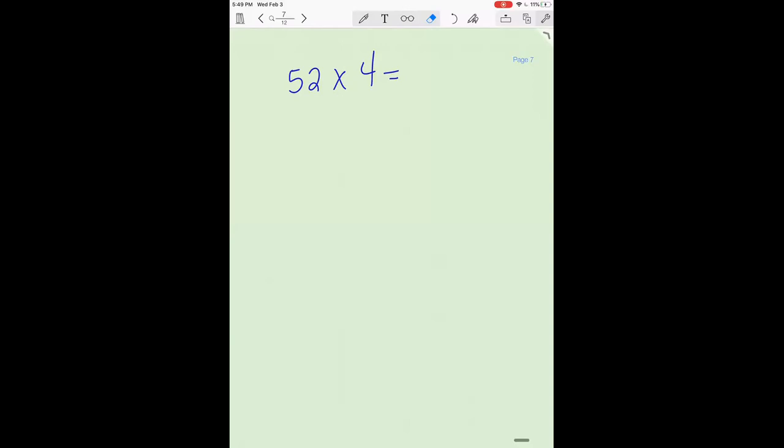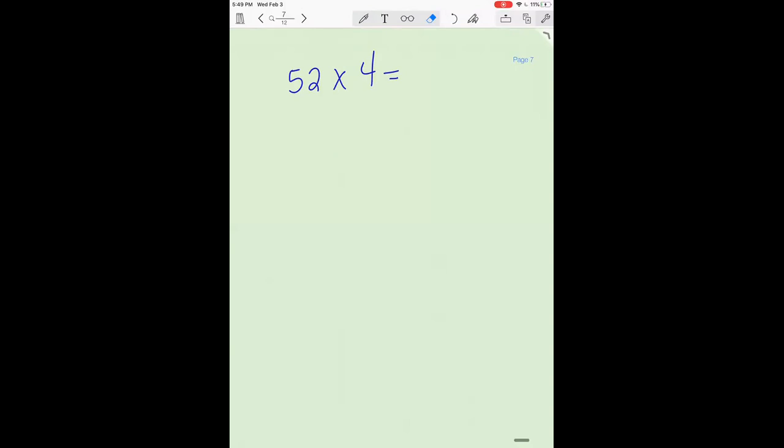So I'm going to go over partial product multiplication. So for multi-digit multiplication, we have used the place value chart to multiply multi-digit whole numbers. So now we're going to move into partial product, which is where you are multiplying your numbers by kind of breaking them apart.